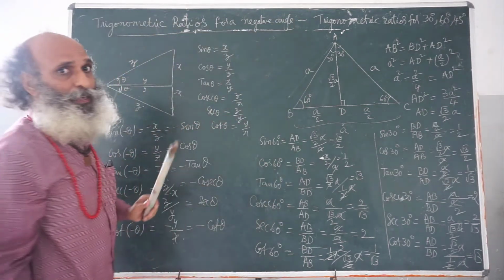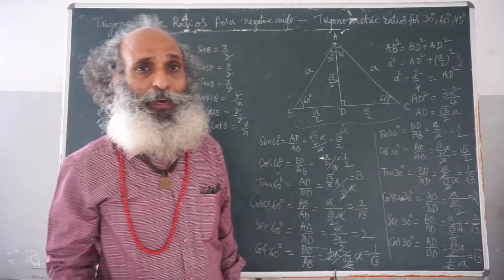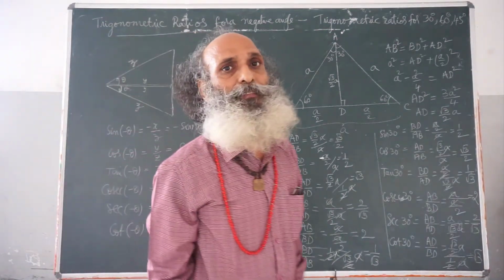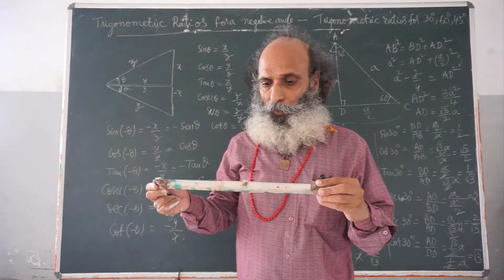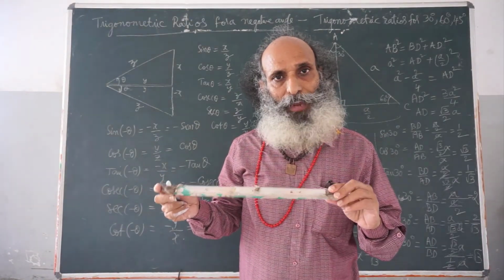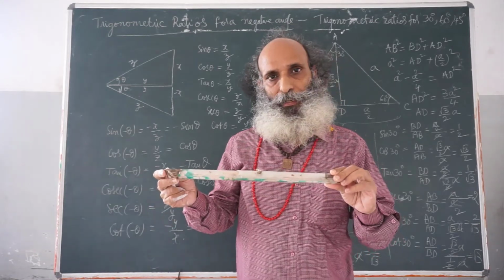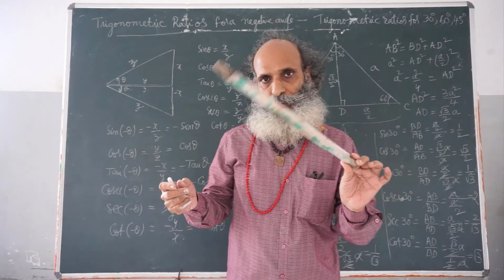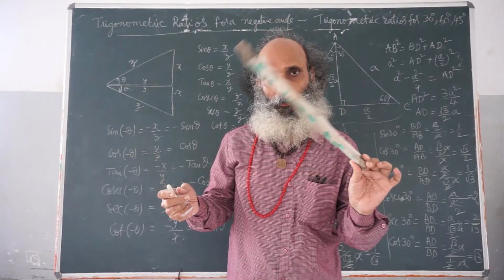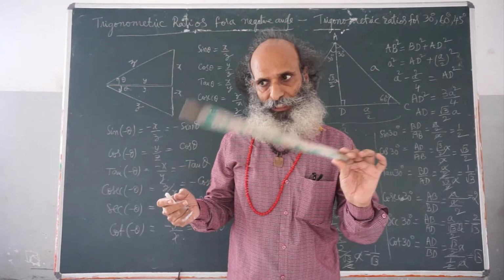Can the angle be negative? Is there plus 30 degrees, minus 30 degrees? Yes. See, actually, the amount of rotation is an angle. Now, see this stick. This stick is rotating in this direction, the anti-clockwise direction.